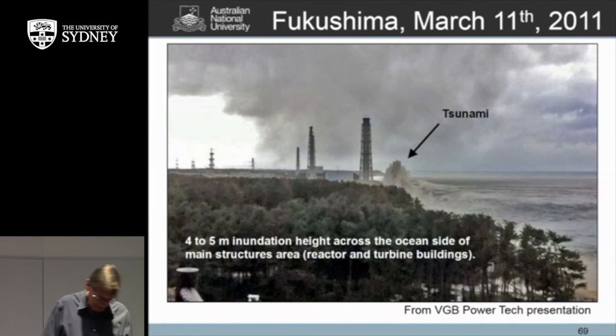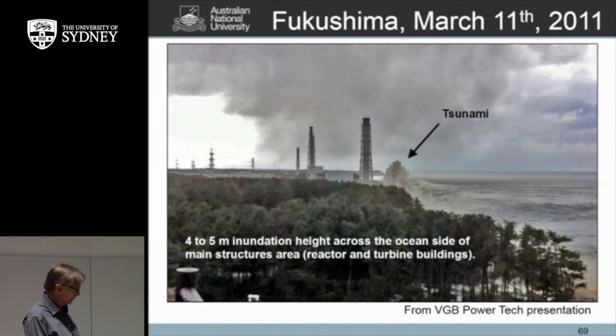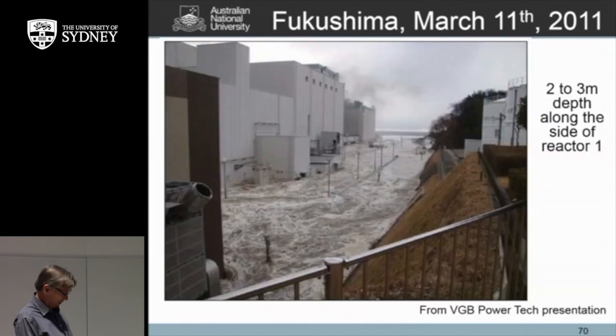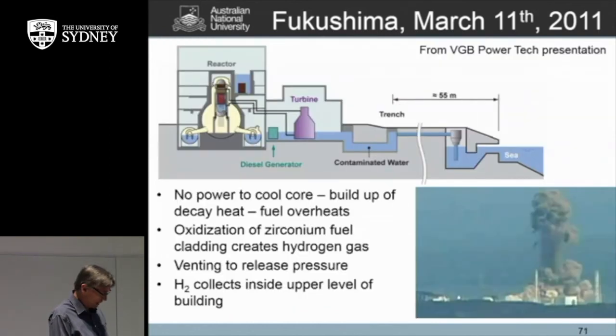Fukushima. This accident was instigated by a tsunami which came over the barrier. And you can see, even on the plant, there's a couple of metres of water along the side of the reactor building. The tsunami had tripped the reactor, but again, this is bad design.